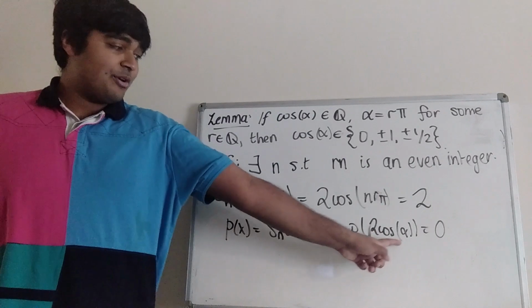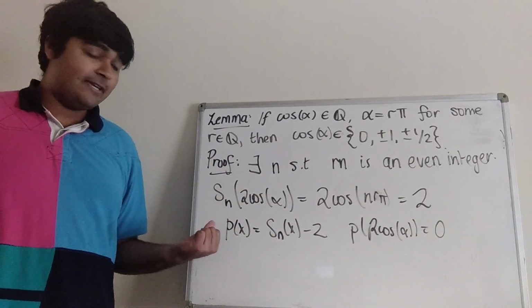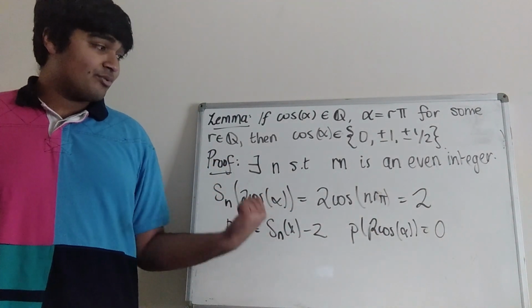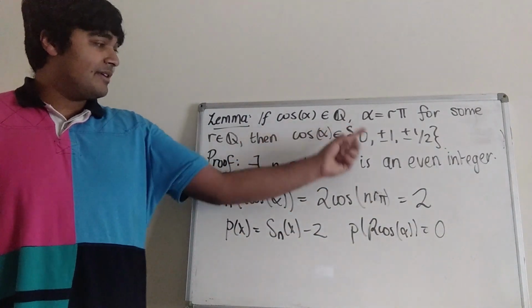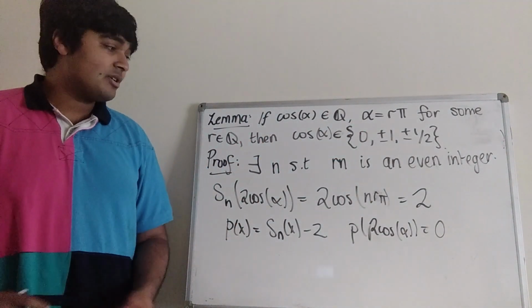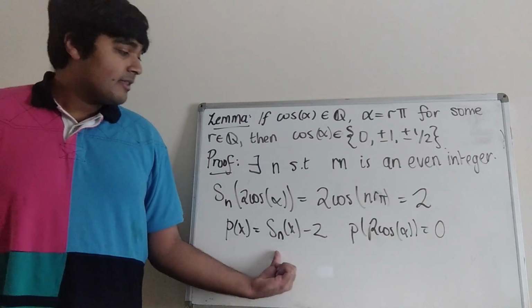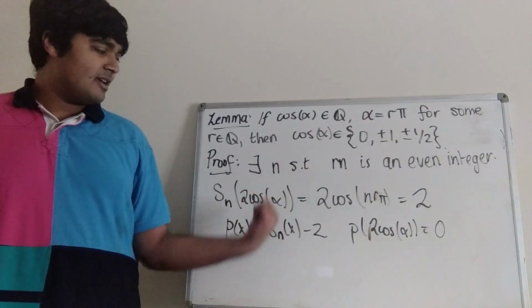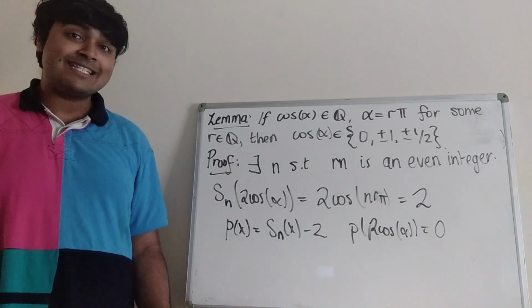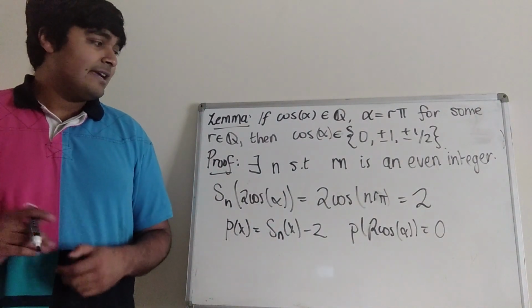So that means that 2 cosine of alpha is a root of p of x, and by the rational root theorem, because we know cosine of alpha is rational, so 2 cosine of alpha is also rational, it must be that 2 cosine alpha divides the constant term of this polynomial here. We don't know what that is, but we do know that it's going to be an integer.